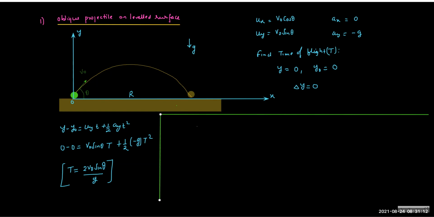So v naught sine theta into T. Yeah, v naught sine theta. Sorry, v naught cos theta, sorry, ux. Okay, so what is range? Range is the displacement along the x direction during one time of flight, right?